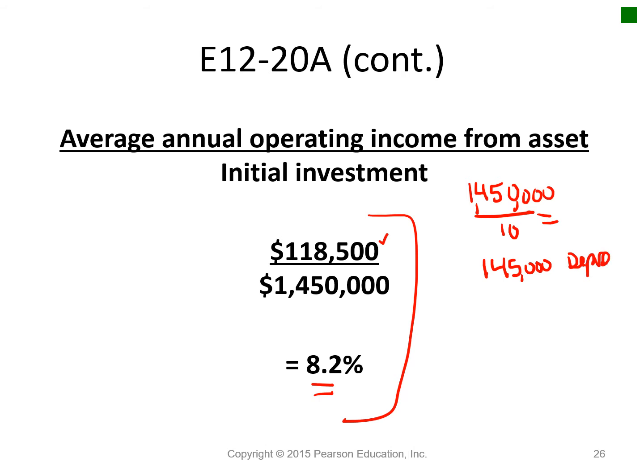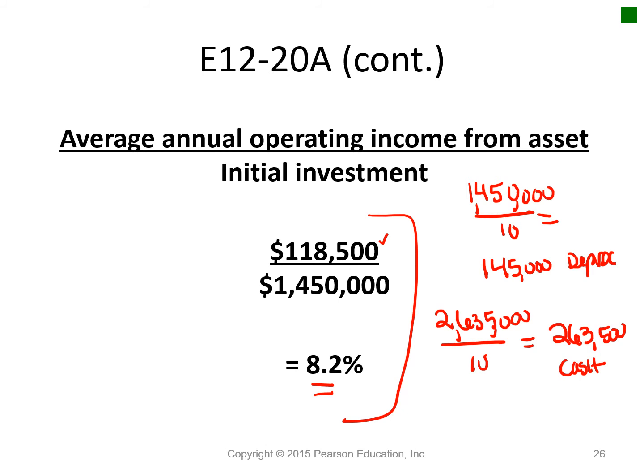I'm going to show you this method as well. And then your average cash flows, if you look at the total cash flows, it was $2,635,000. And again, if you divide that by 10, that's going to give you your annual cash flows average to be about $263,500. So I'm just going to write this right here. So that's going to be your cash flows.